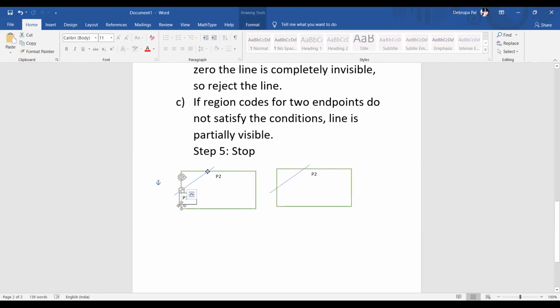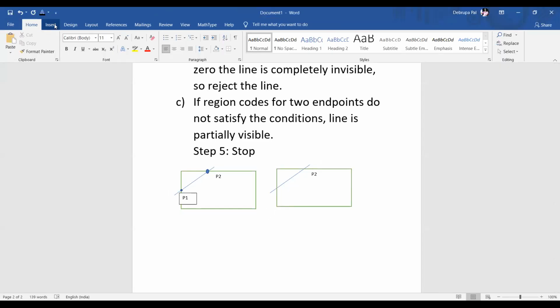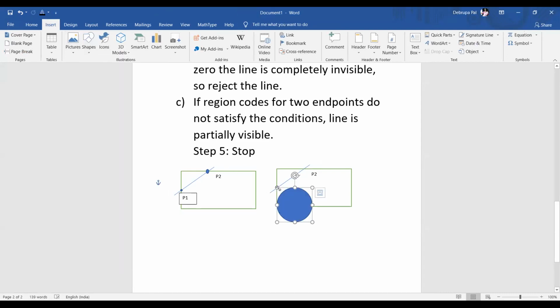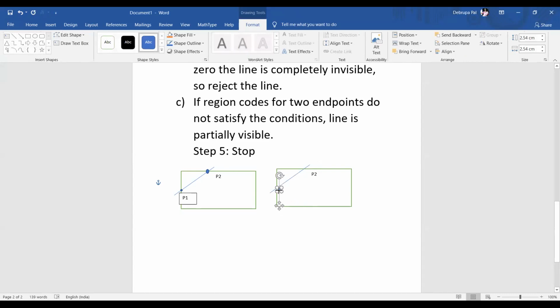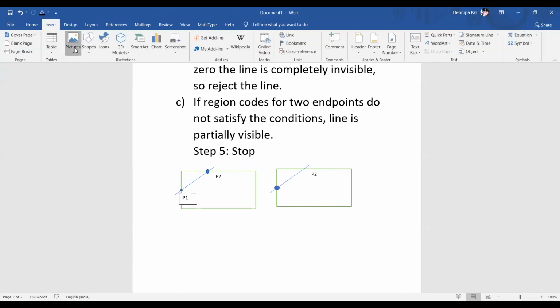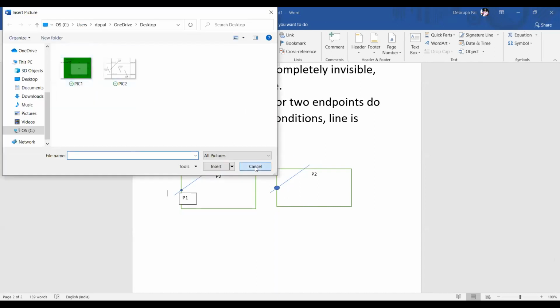Again, the line is subdivided into two equal parts, and then the algorithm is worked upon. We have in the previous figure also point P1, it is at the same place.